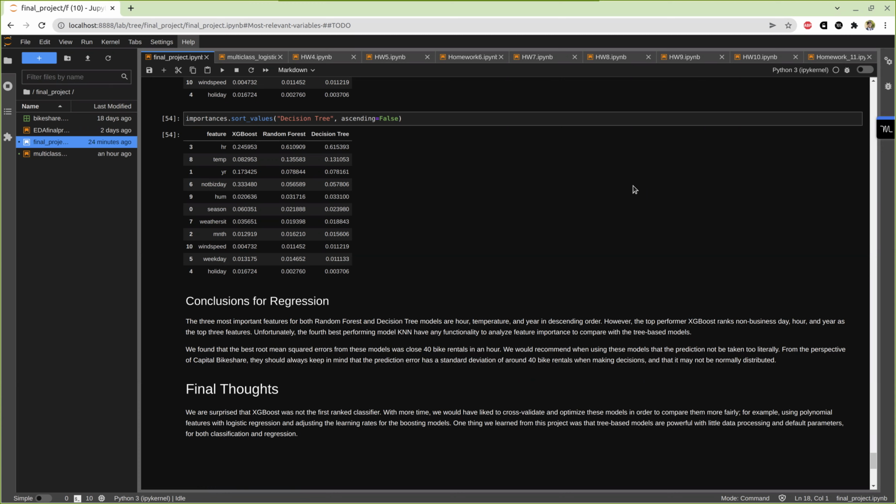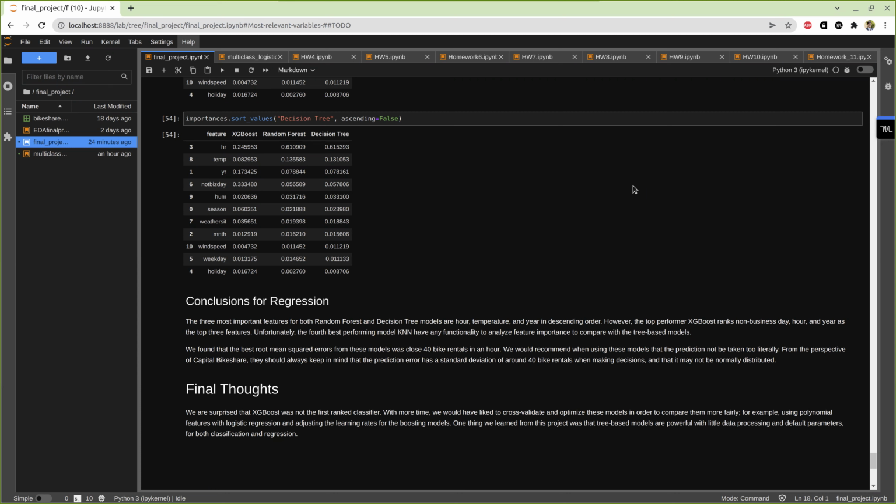So we'd like to maybe try rebalancing the data. We'd like to use polynomial features with logistic regression, regularization with logistic regression, and do a lot more with that, as well as tune learning rates for the boosting models, see if decision tree could ever catch up to the top performers if we were to prune it extra, or just so many different things.